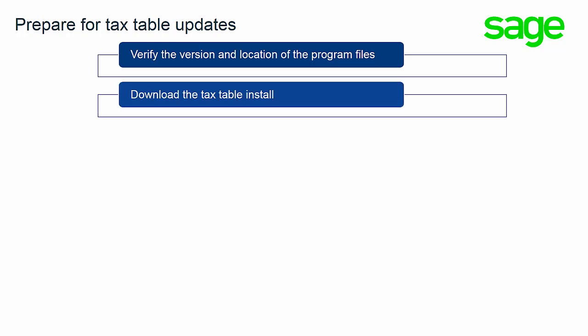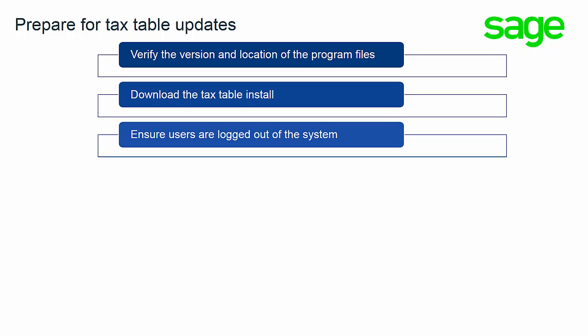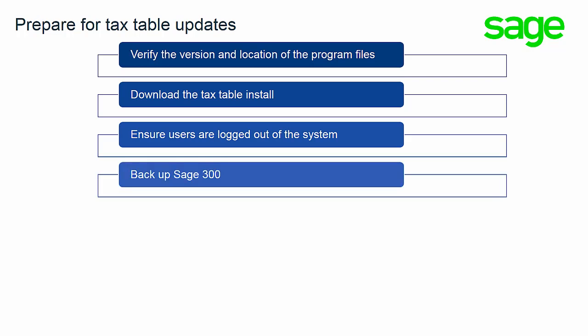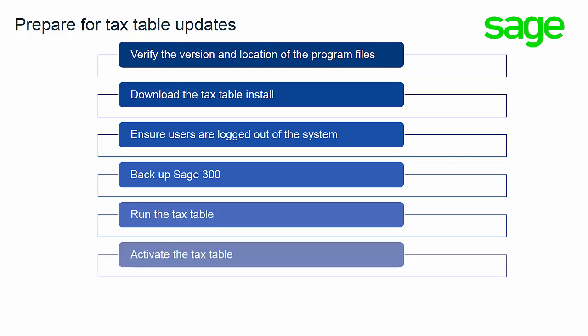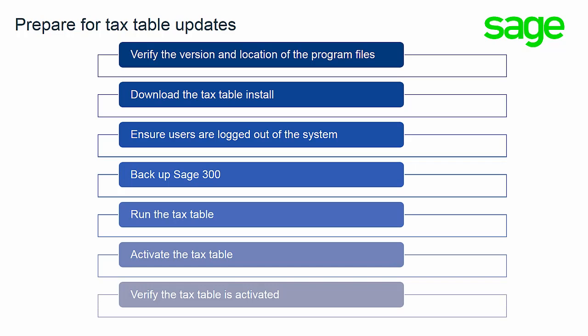We'll then download the correct tax table install. And before we install the tax update, we need to ensure users are logged out of the system, back up Sage 300, install the tax update, and then go into Sage 300 and activate. Once you've activated the tax tables, then you can go into the Help menu and verify that the tax table has been activated.